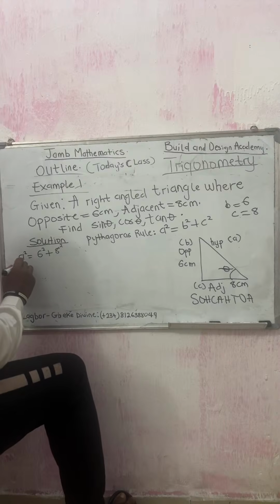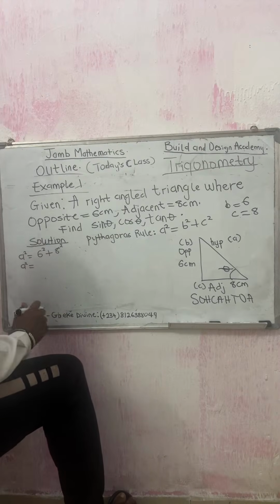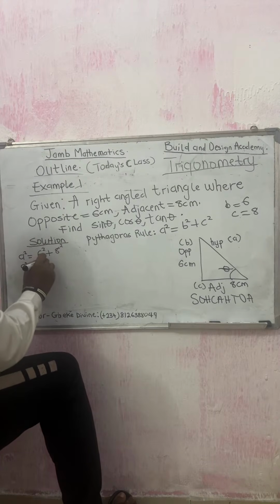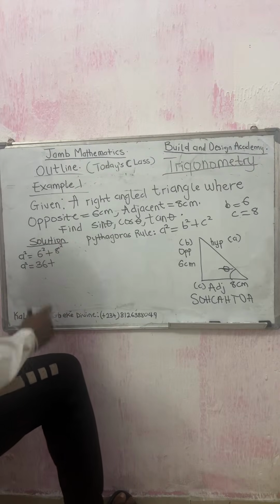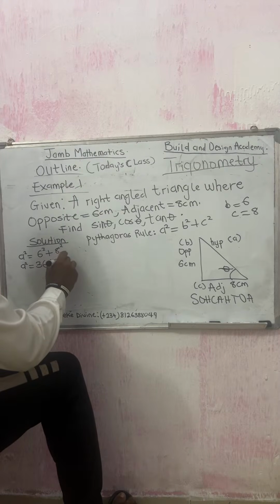So our A square will be equals to 6 square is simply 6 times 6, which is 36, plus 8 square is 8 times 8, which is 64.